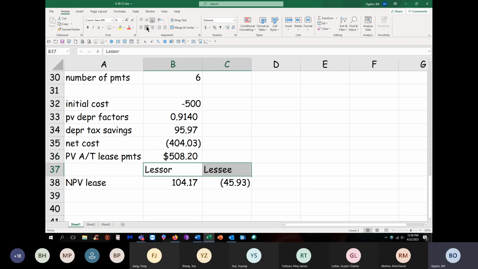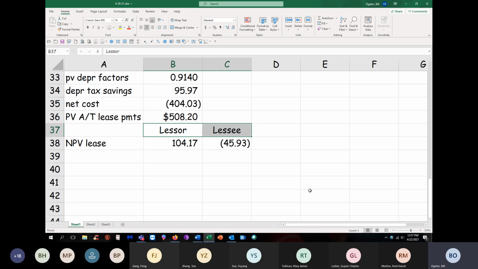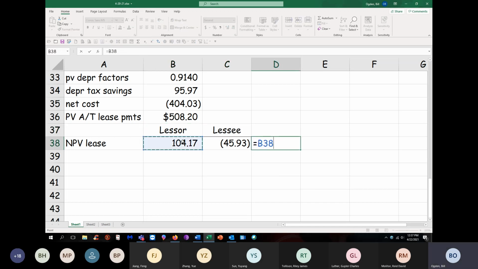What would the payment have to be such that these are the same? Well, I think the general procedure for addressing an issue like this is to note that if these two are the same, then their difference is 0. So we can say equals this one minus this one.